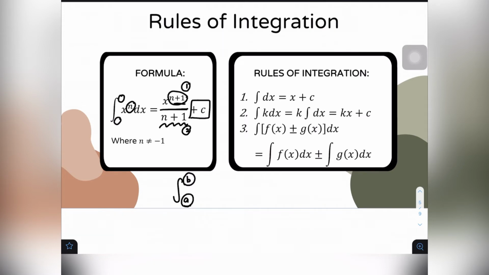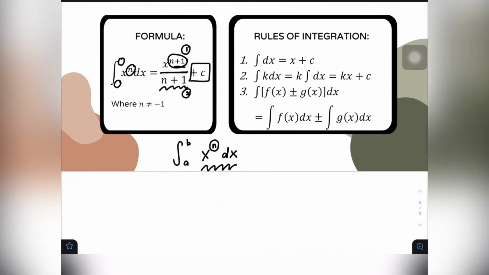The value of b is usually more than the value of a. Okay, and whenever we have a definite integral for the function x to the power of n with respect to x, the first thing you need to do is you still need to integrate this one by using the basic two-step technique of integration, which involves adding 1 for the new power.